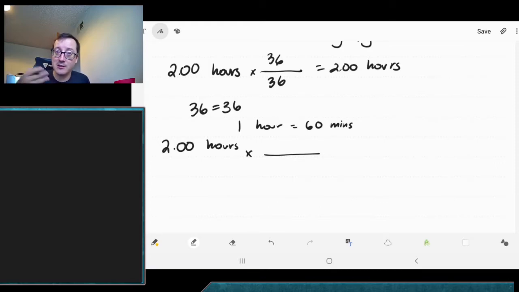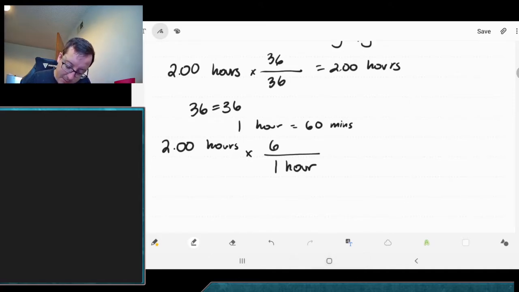How we want to do this is we want to put the unit that we're getting rid of on the opposite side of the fraction. So 2 hours, technically in the numerator, right? If it's just by itself, it's the numerator. So we're going to want to put 1 hour on the bottom of our fraction here.